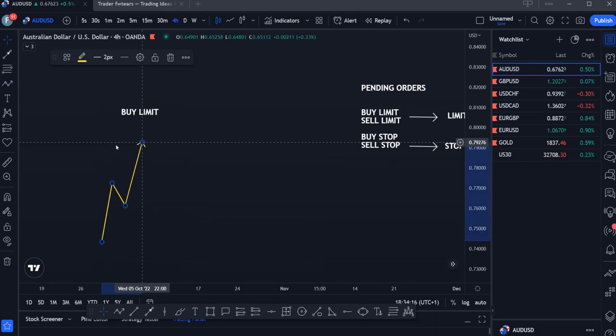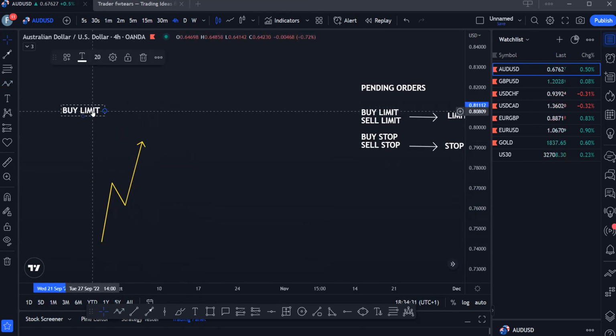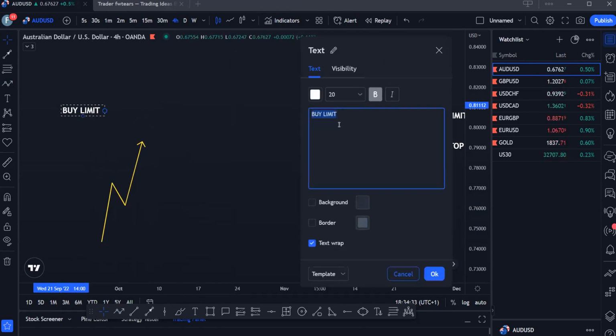But you are looking to buy, and you are waiting for price to reverse before you buy. For a buy limit, you want to buy, but you are waiting for price to reverse before you buy.